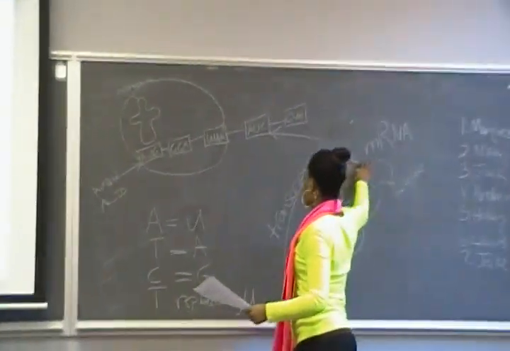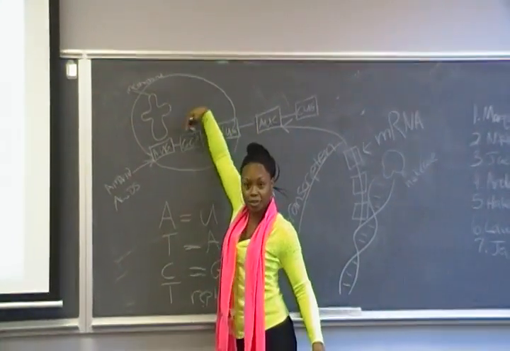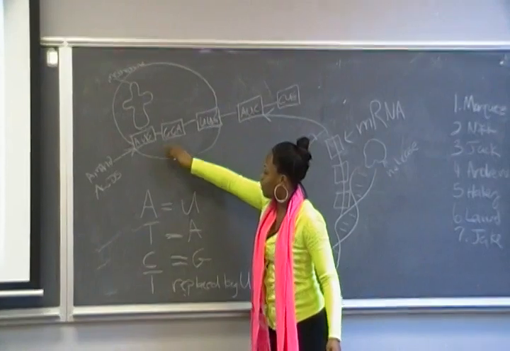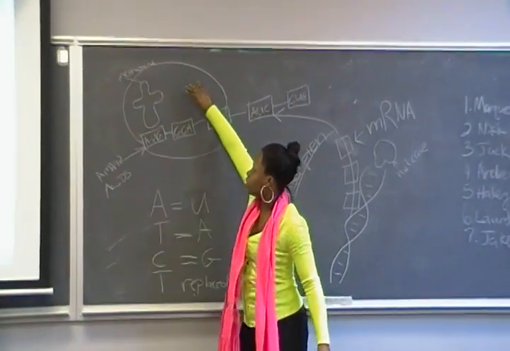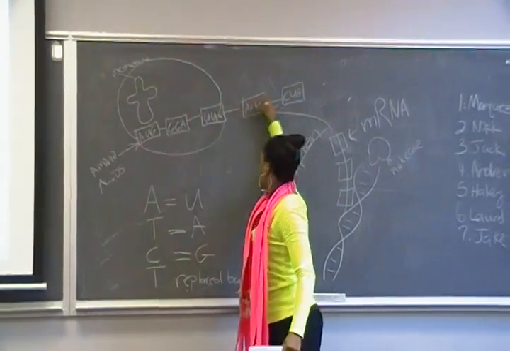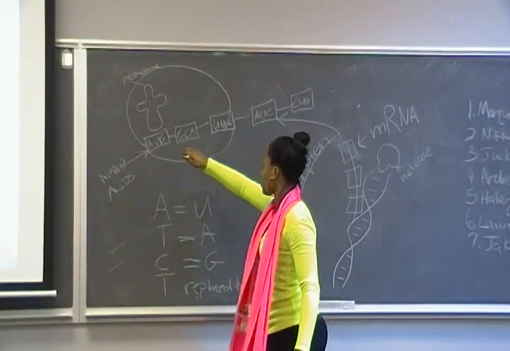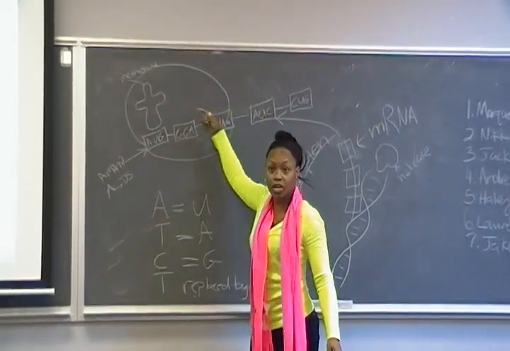All right, once your mRNA moves up to the ribosome, this circular part, that mRNA goes into it. You have 2 parts of it: a small subunit and a large subunit. Once the mRNA goes in, it's basically somewhat the same thing that I showed you guys down there, and these codons start to translate.